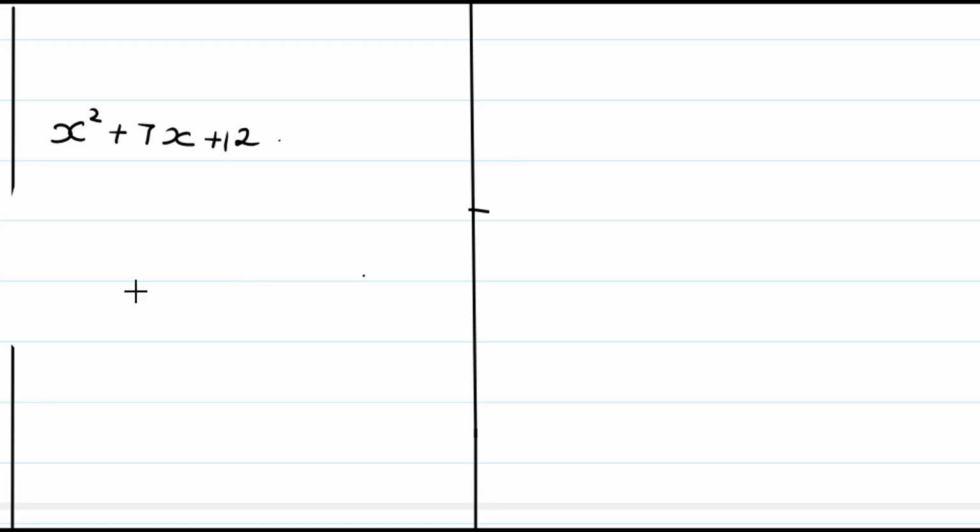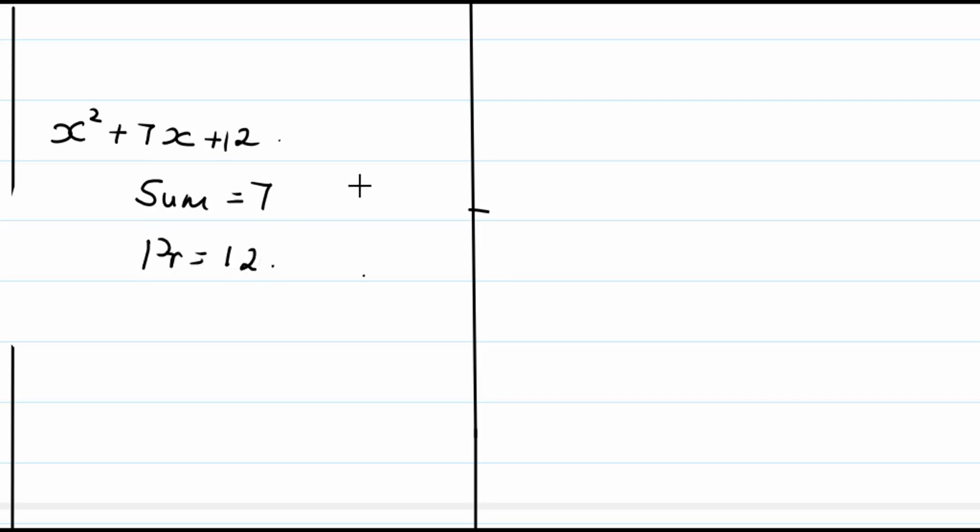And the logic of factorization here changes a bit, because the first thing we need to do, when we have x squared plus 7x plus 12, is get two values such that when I add those two values, I get the coefficient of this x here, which is 7. And then when I multiply those two numbers, I get this value here, which is 12. So the product will be 12.